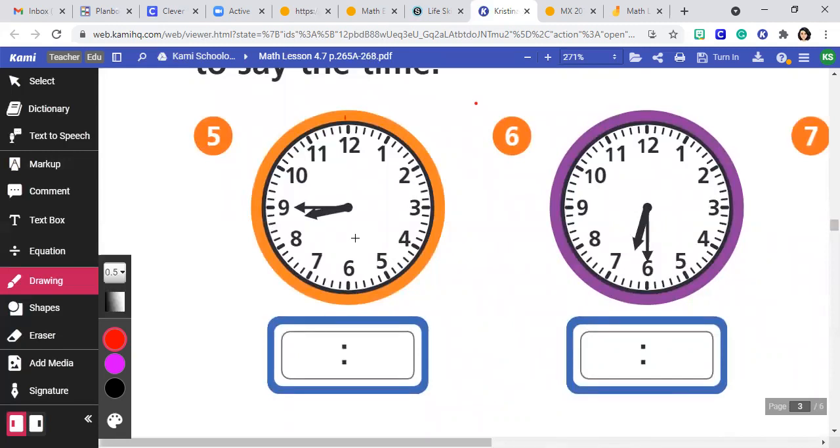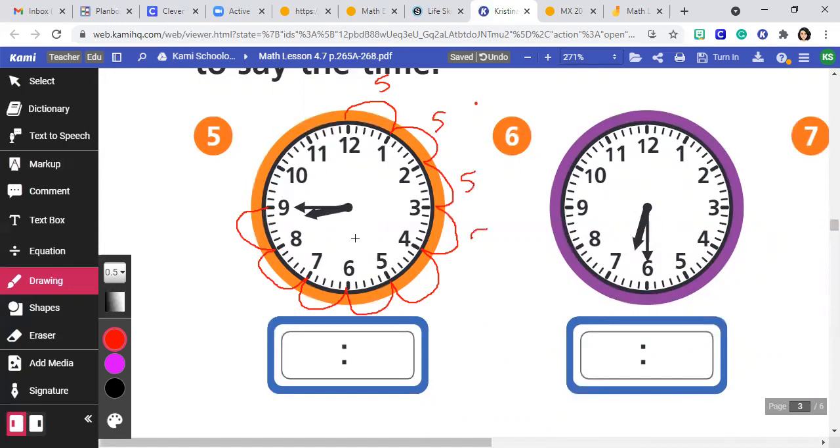I'm going to start here. 5, 10, 15, 20, 25, 30, 35, 40, 45. Each of these jumps represents 5 minutes.